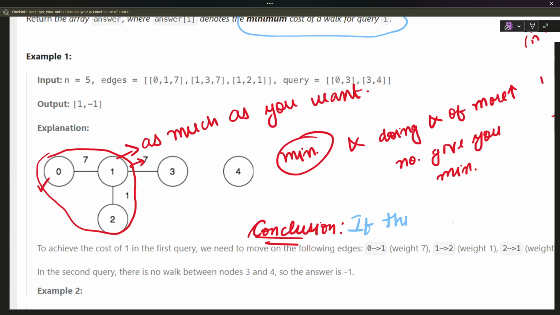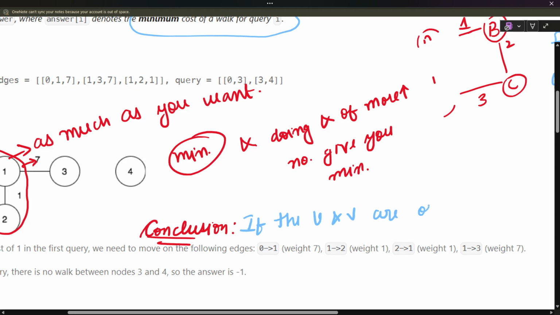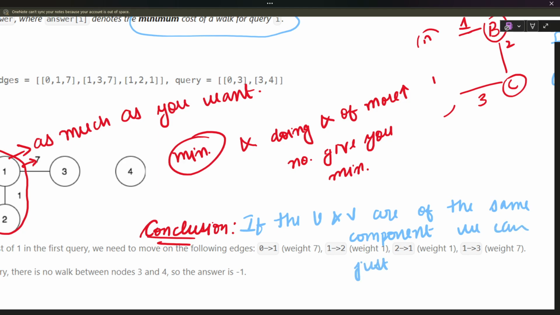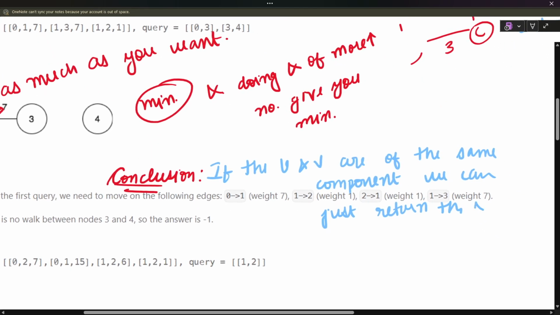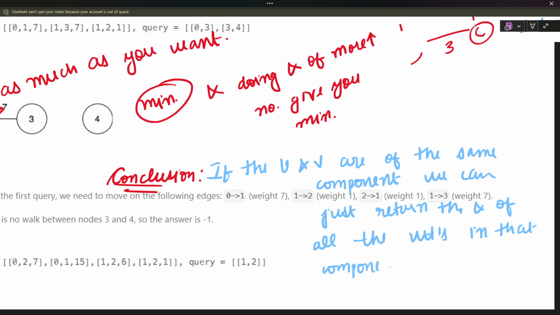If u and v are of the same component, we can just return the AND of all the weights in that component, right?